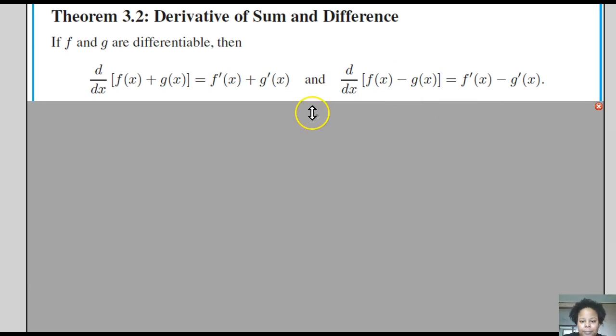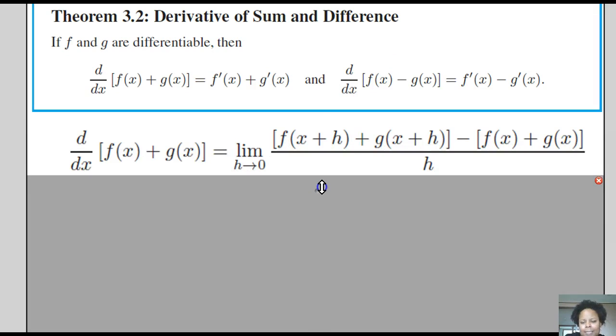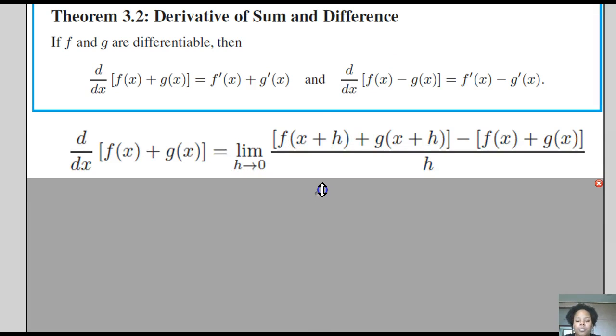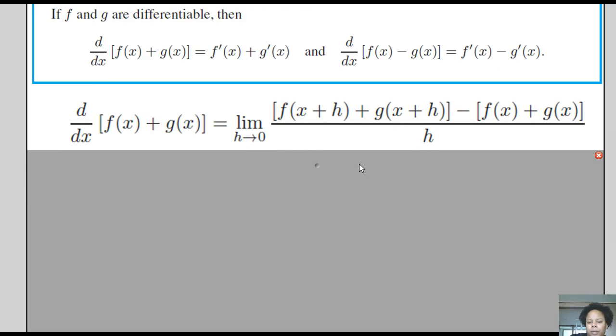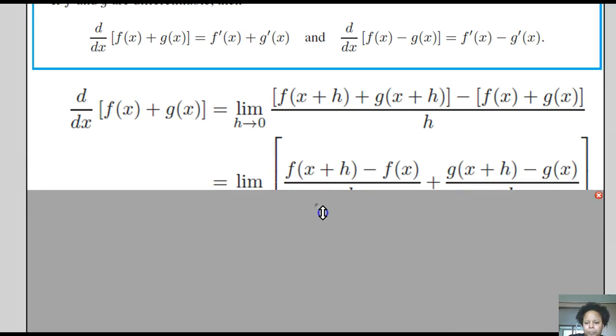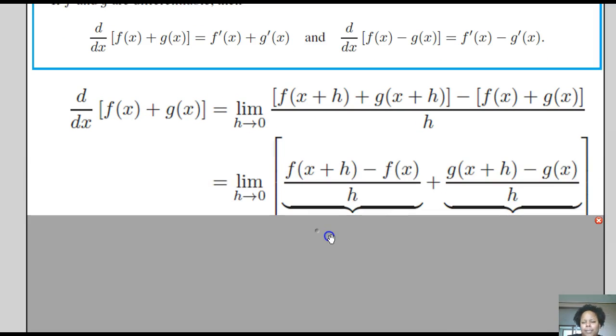The proof is straightforward using the definition, the limit as h approaches 0. We take the sum function, find the limit as h approaches 0, and do some algebraic combining and grouping.